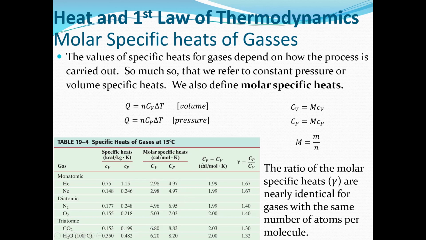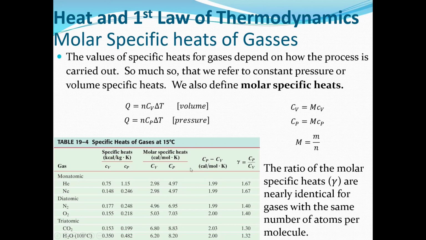But the interesting thing to note here is that the difference between the volume and the pressure is always pretty much 2. So that's going to be the same regardless of whether we're talking about monatomic, diatomic, or triatomic.